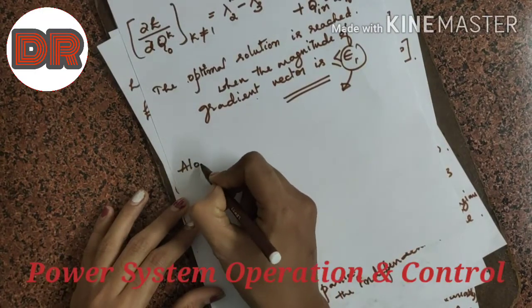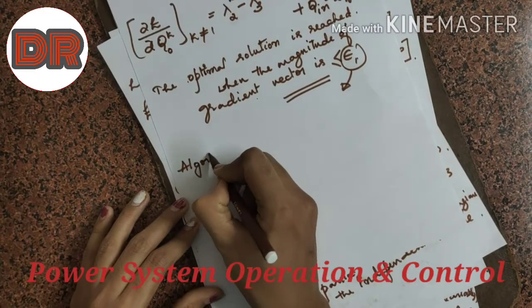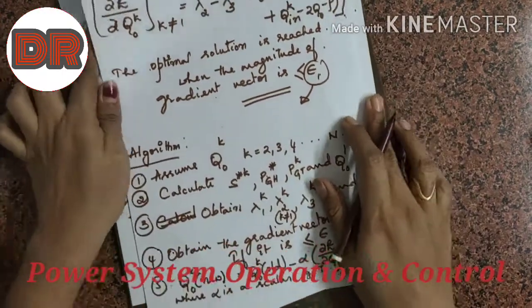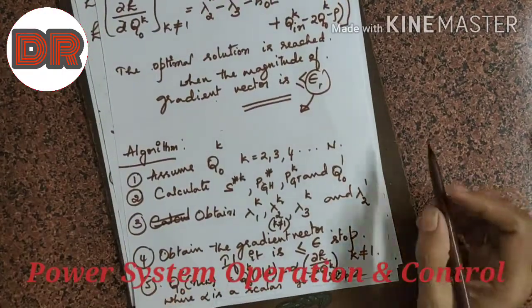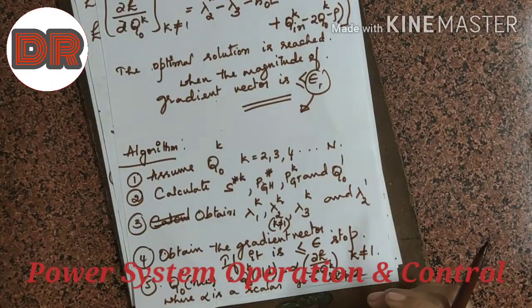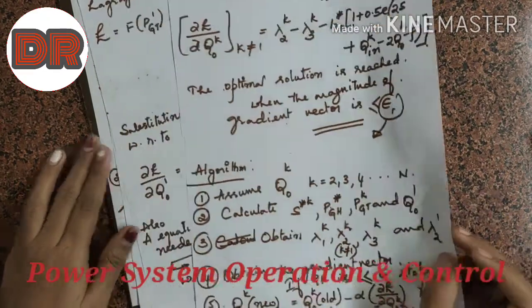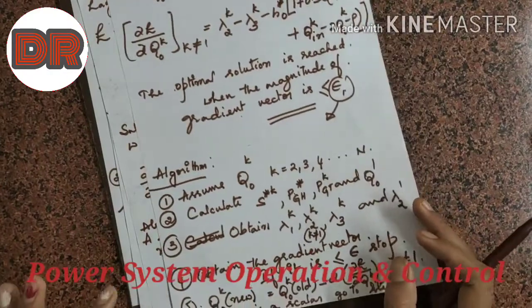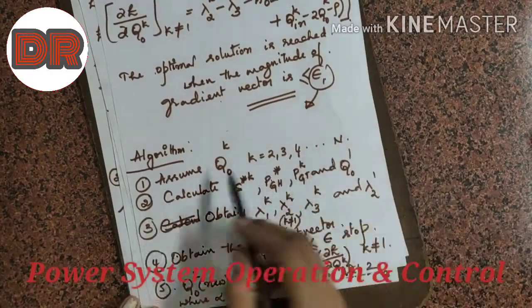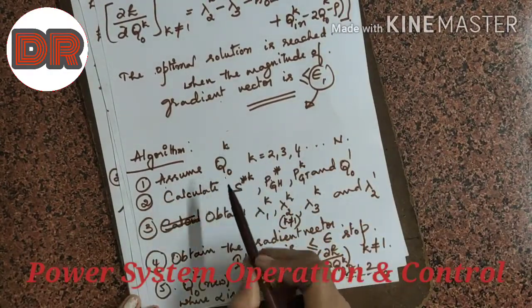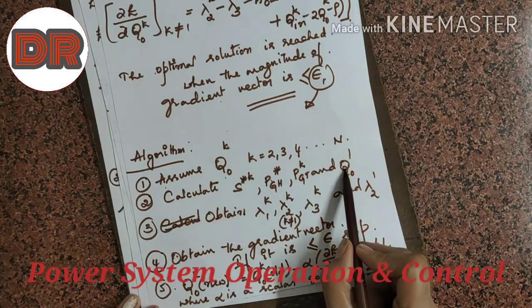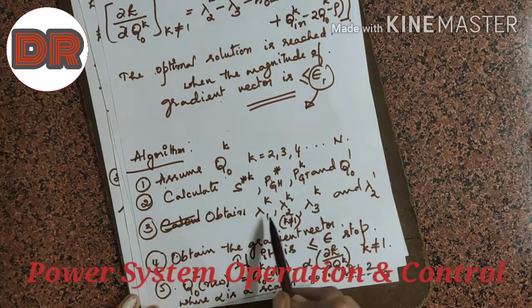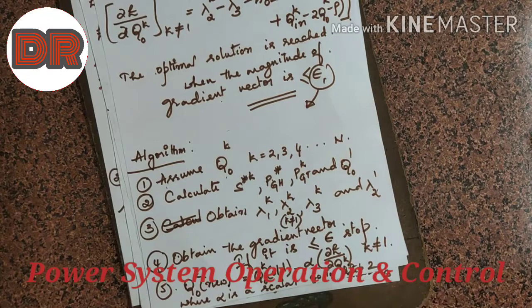So the algorithm has different steps. It is simple, but we have to write all the equations to complete the algorithm. First step is assuming Q naught k and then calculating these dependent variables, then obtaining the Lagrangian multipliers, then obtaining the gradient vector.